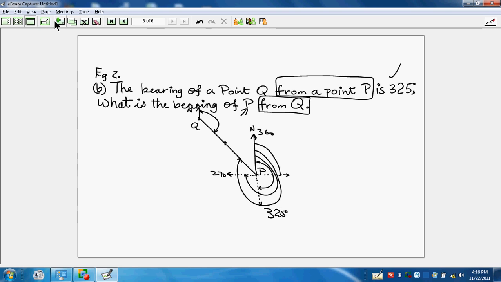And that, therefore, is the angle we're interested in. If we call this angle alpha, then alpha would be equal to what we are looking for, the bearing of P from Q. That will be exactly what we are looking for. This angle alpha here will be the bearing of P from Q.